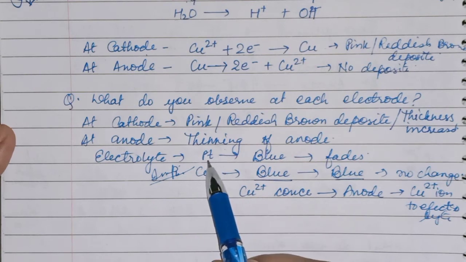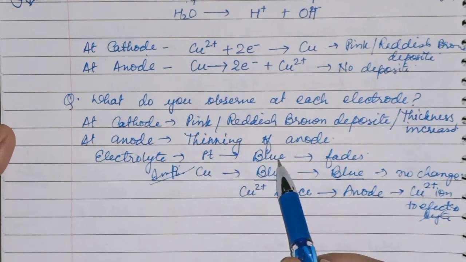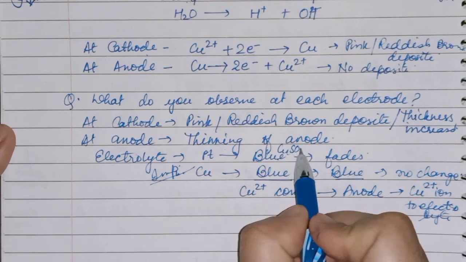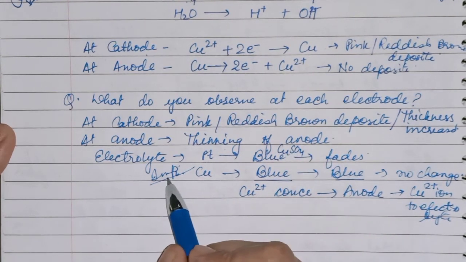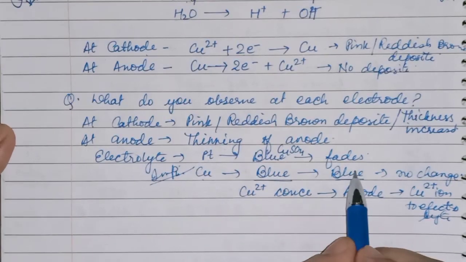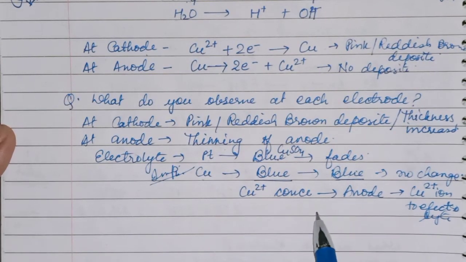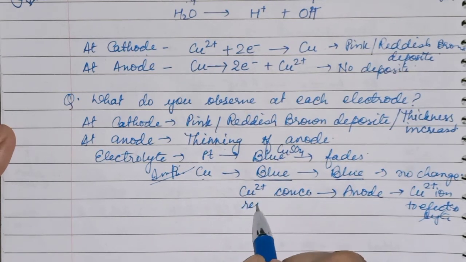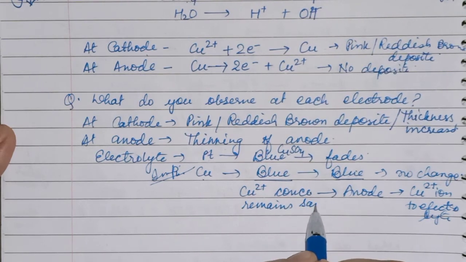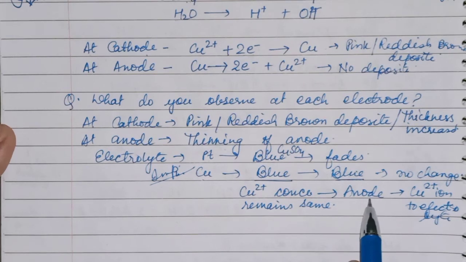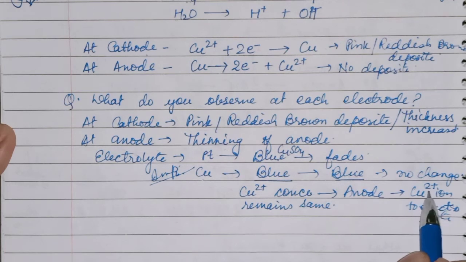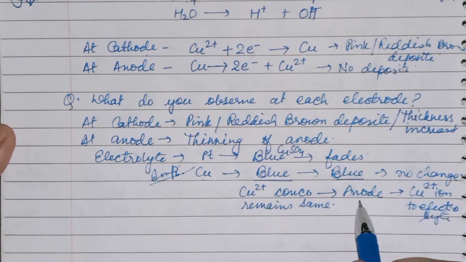When the electrode is platinum, the blue color of copper sulphate fades, and when the electrode is made of copper, the blue color remains blue. Why does it remain blue? Because the Cu2+ ion concentration remains the same. Why does it remain the same? Because the anode itself is breaking down to form Cu2+ ions. Whatever ions are transferred to the cathode are replaced by the Cu2+ ions coming from the anode.